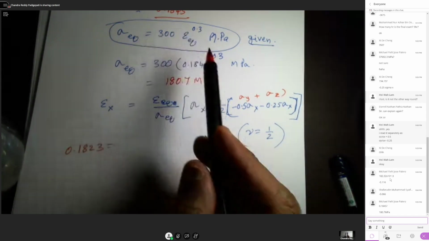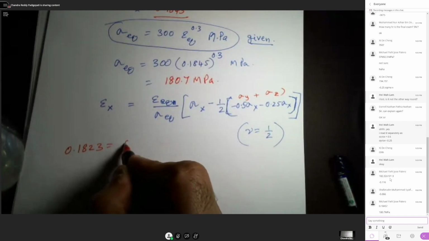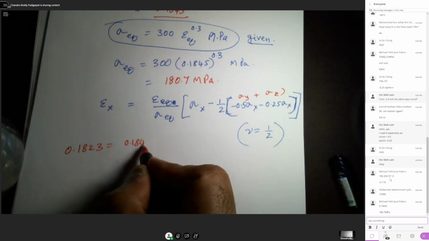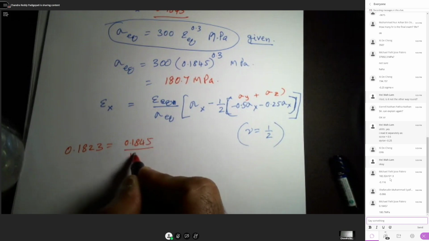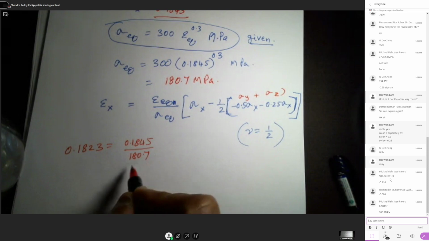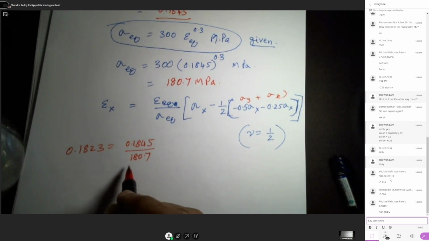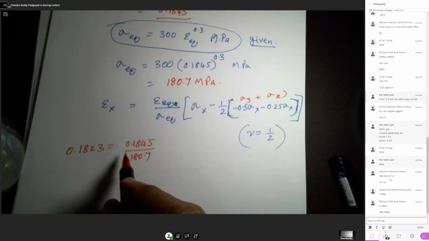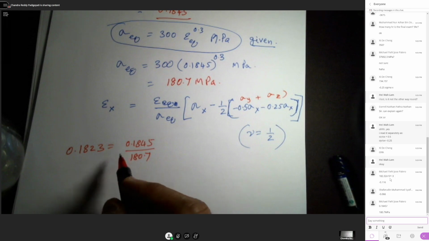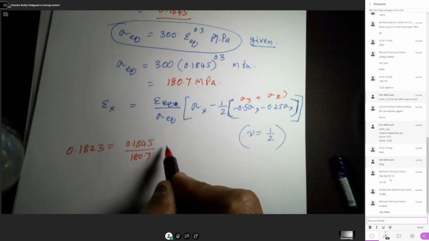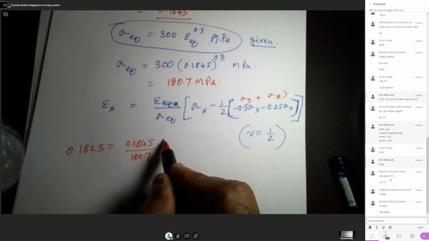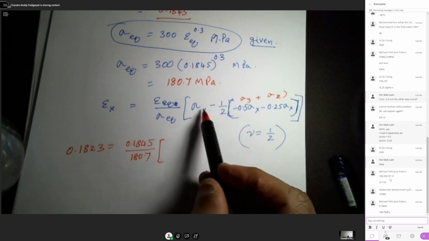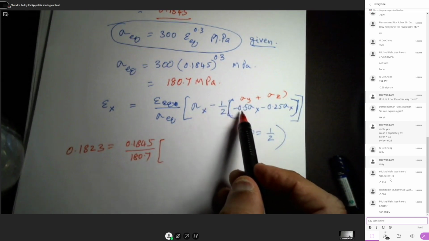Now you have calculated equivalent strain and equivalent stress, so 0.1845 over 180.7 megapascals. This one will be sigma x.